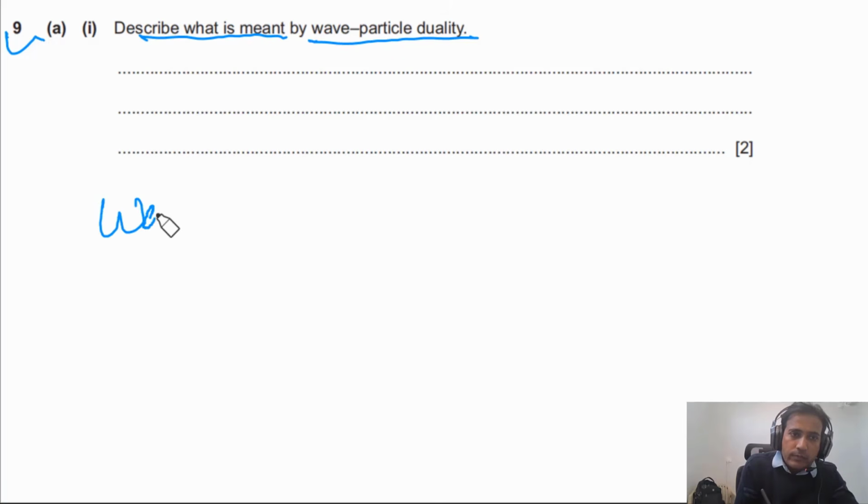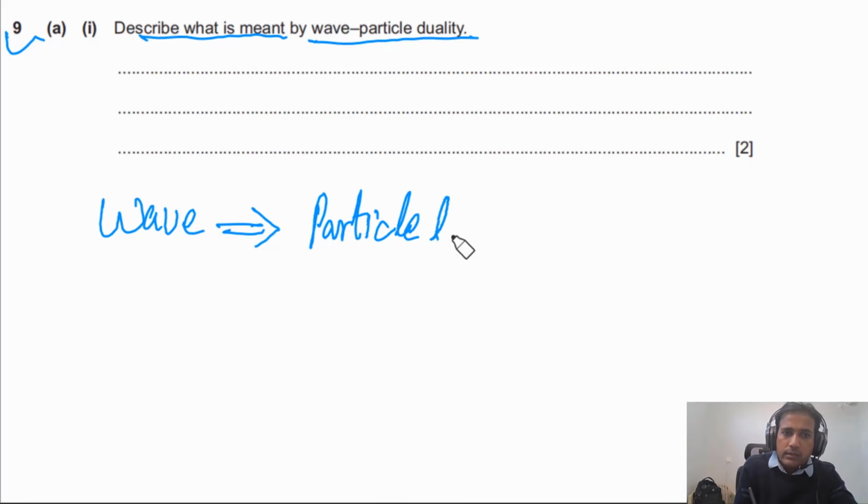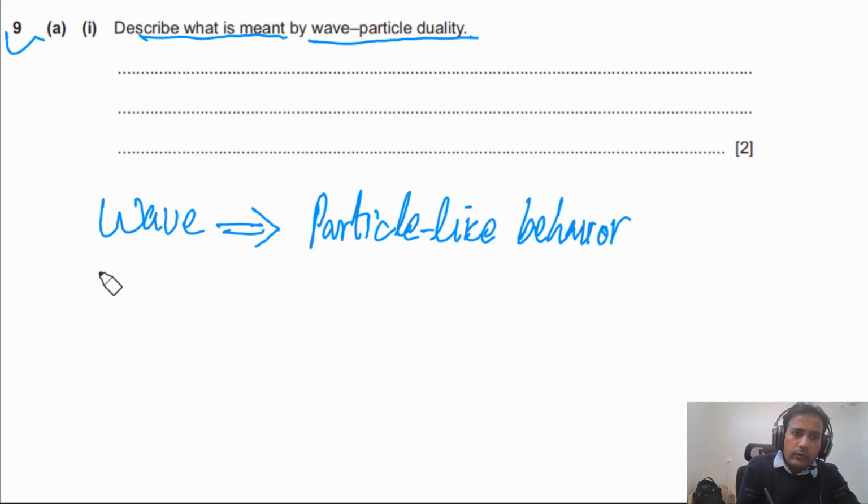So waves can exhibit particle-like behavior, and particles can exhibit wave-like behavior.